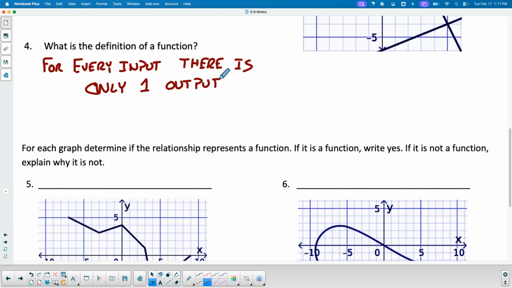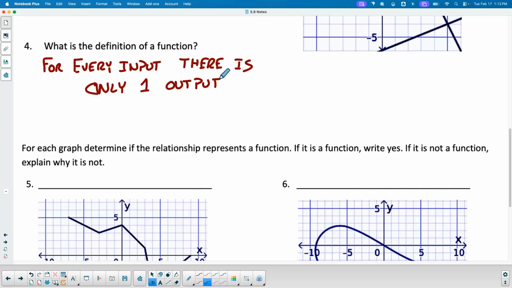For each input, there's only one output. When we have a graph, how can we determine if it's a function or not? Take it back to Unit 1 or Unit 2, we talked about it first semester. What kind of line test? A vertical line test. Yep.